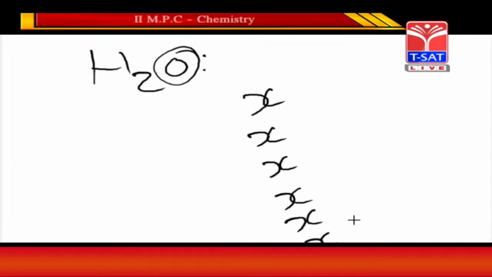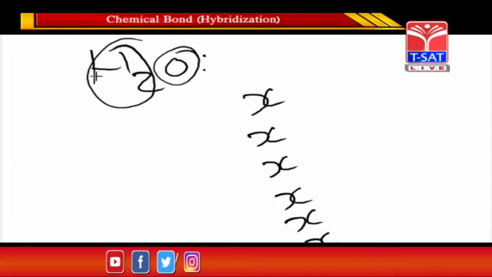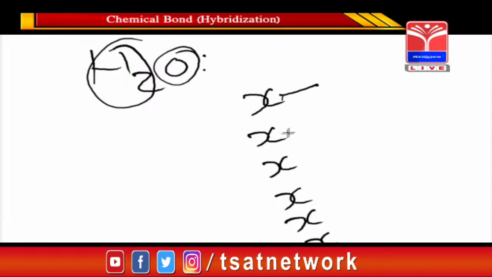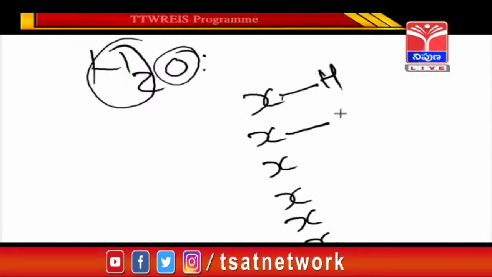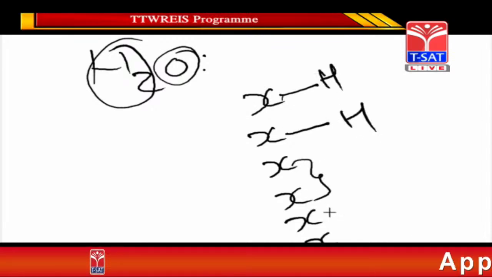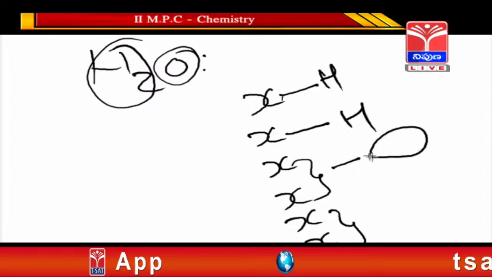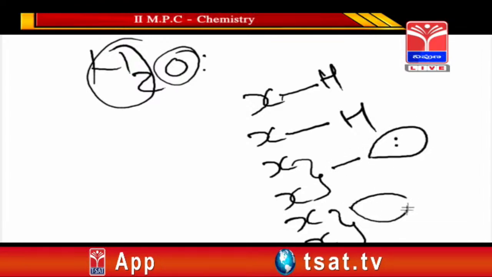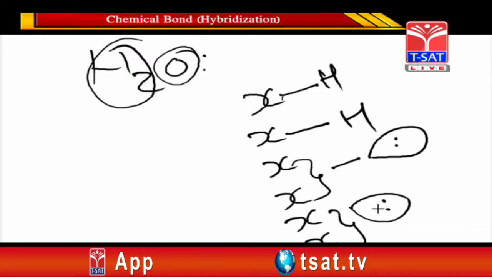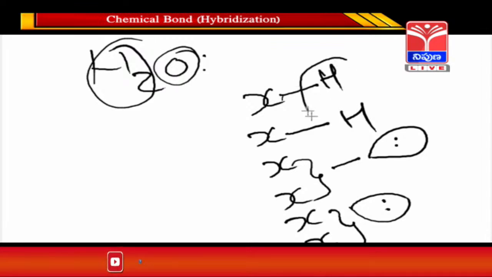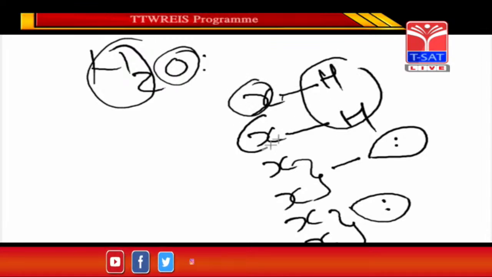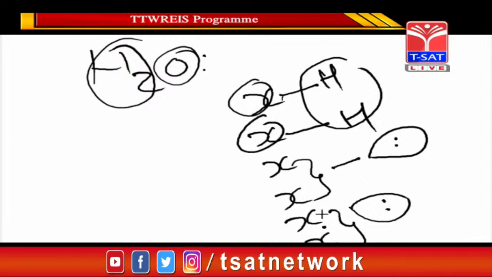So here we will give the bonding of hydrogen. So the remaining two are lone pairs. These two are lone pairs. So two hydrogens are bonded, one each, and two pairs of x's are bonded.